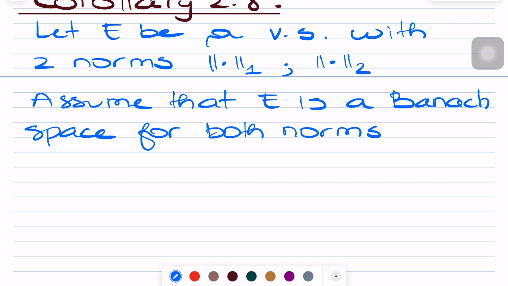It's actually important to say that it's a Banach space for both norms, because we know that a space can be a Banach space for a particular norm and not be a Banach space for another norm.